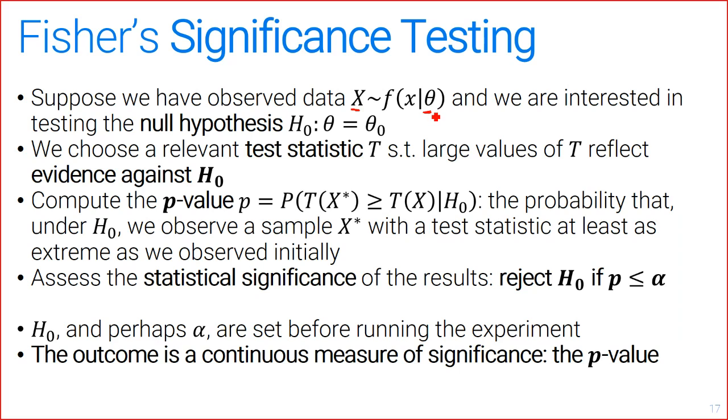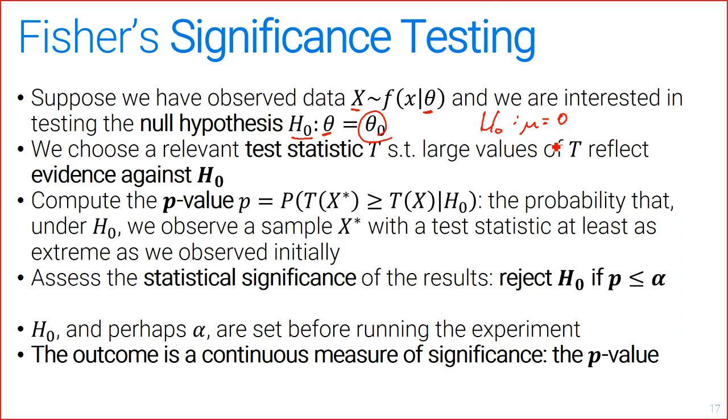So what he said is we have this null hypothesis, called H0, in which we are going to test whether the parameter of the distribution that the data follows has a certain value. So let's say we could say something like null hypothesis, the mean of the distribution equals 0 or equals 1.2. So we are interested in testing this null hypothesis about the data in the population.